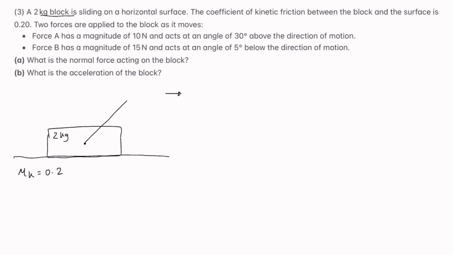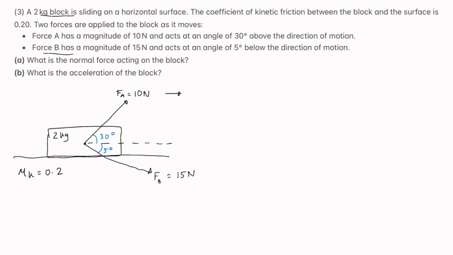Force B has a magnitude of 15 newtons and acts at an angle of 5 degrees below the direction of motion. And of course, these angles are not drawn to scale.